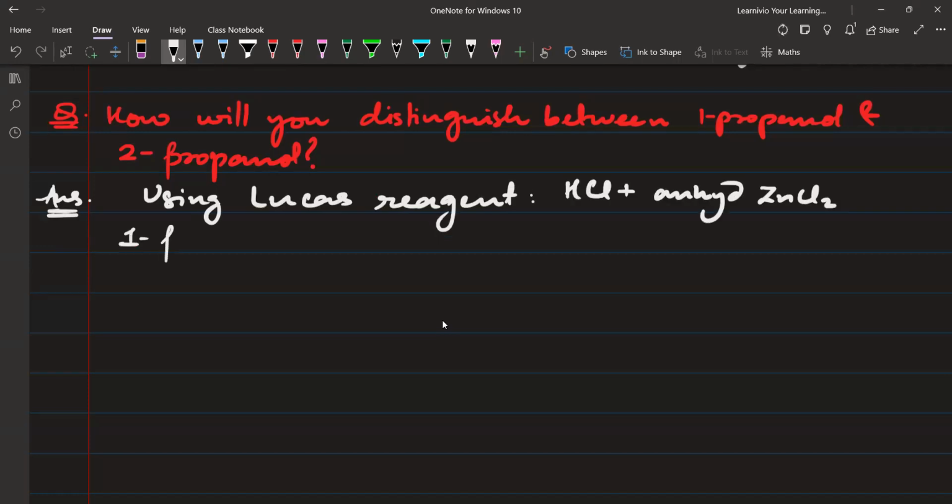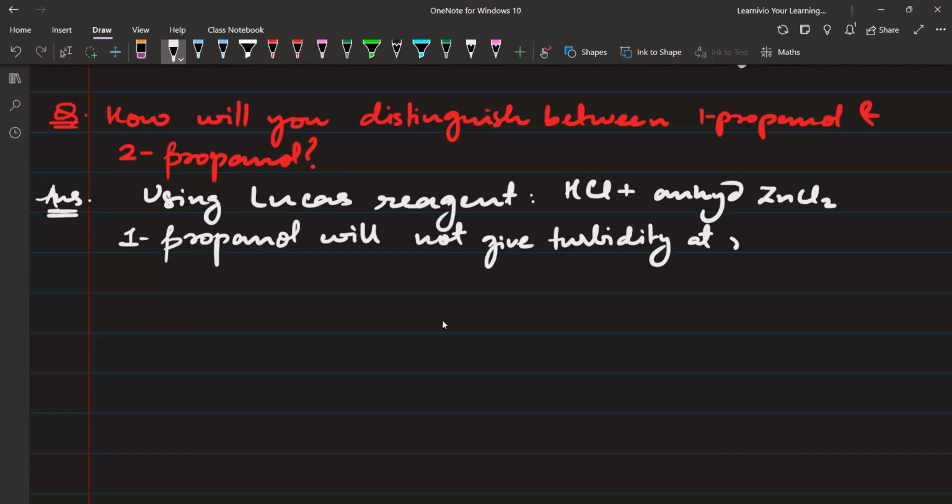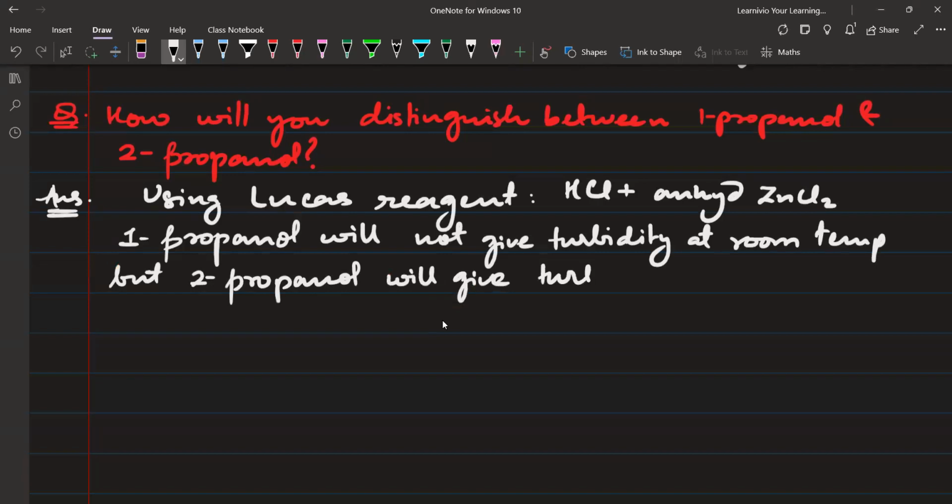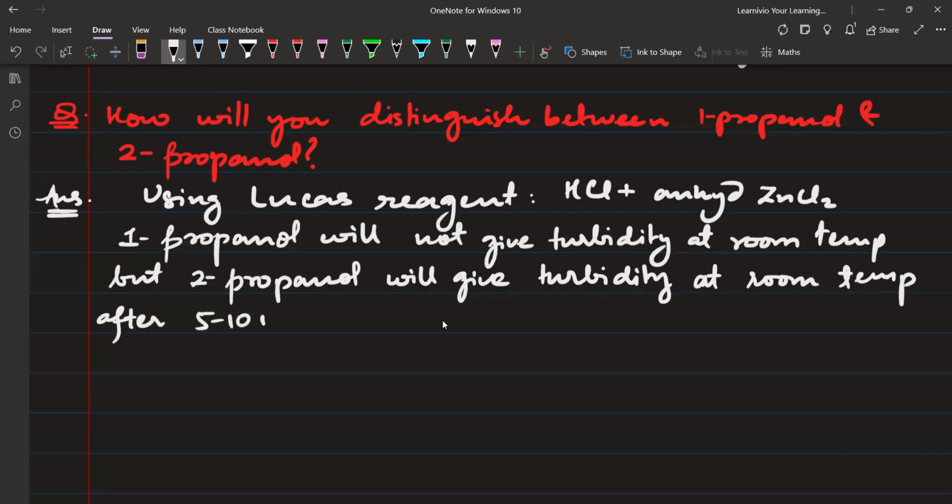You will write: 1-propanol will not give turbidity at room temperature, but 2-propanol will give turbidity at room temperature after 5 to 10 minutes.